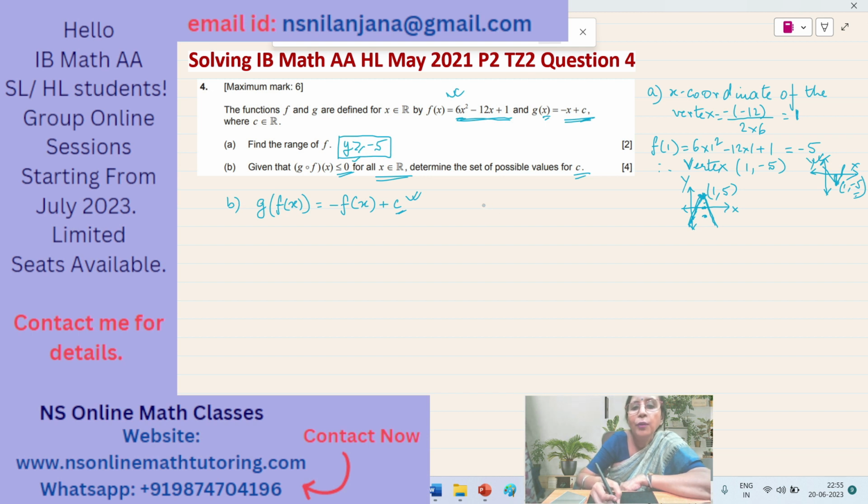So we can write this: negative f of x is the reflection in the x-axis.